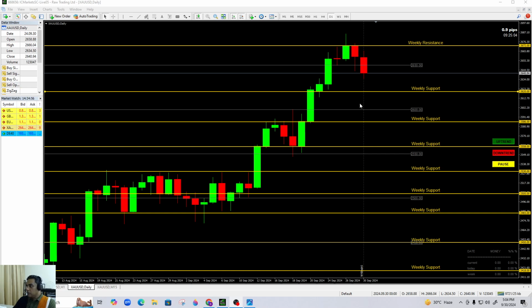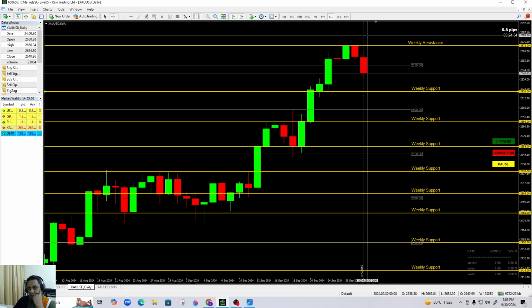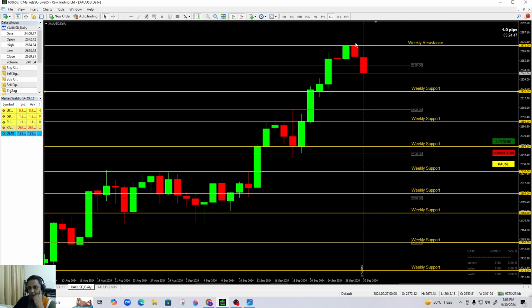Okay, so this is the daily time frame. Price is pushing down. We have rejected around 2684, that area. We've rejected 2684.